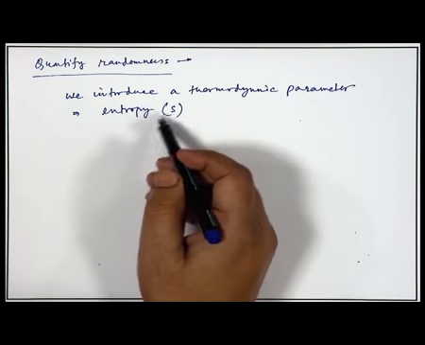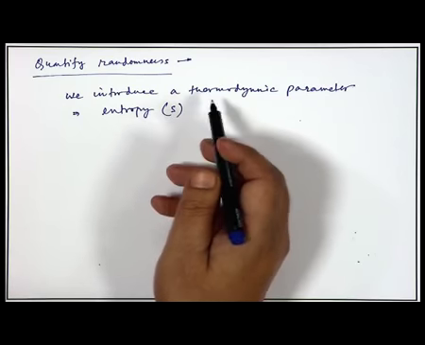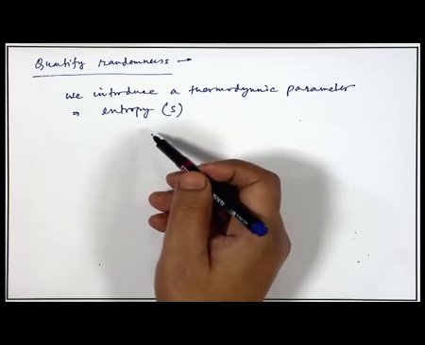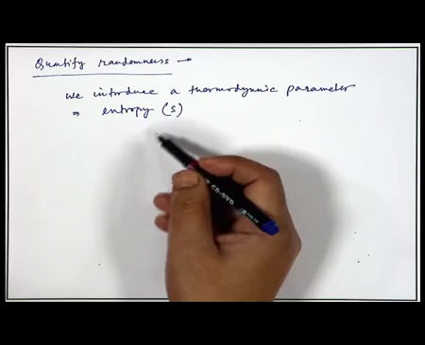If the value of S goes up, the extent of randomness goes up, and if the value of S goes down, the extent of randomness goes down.